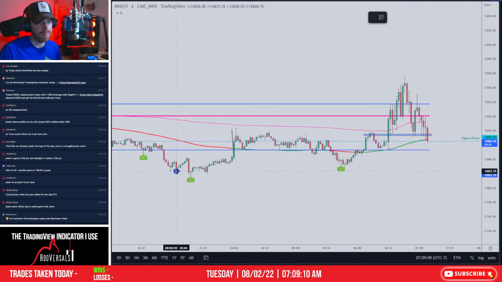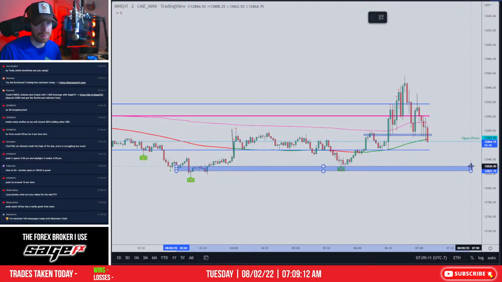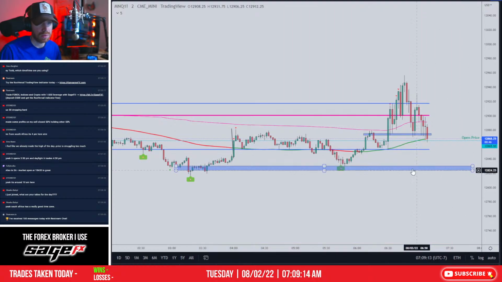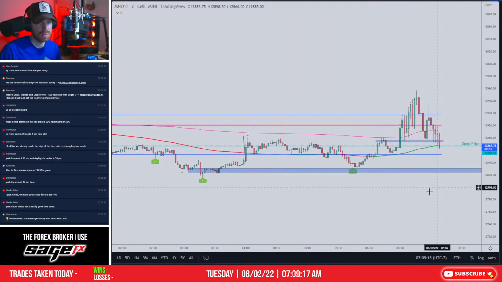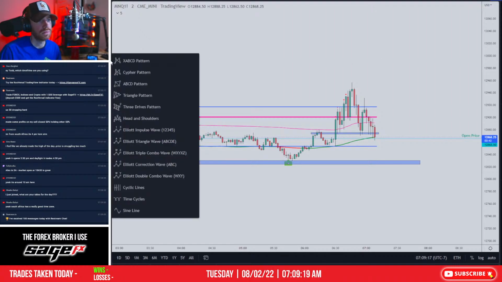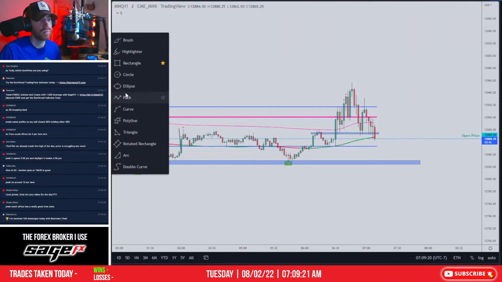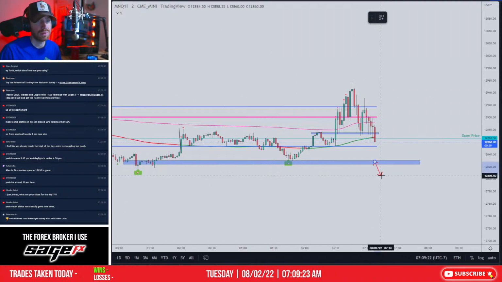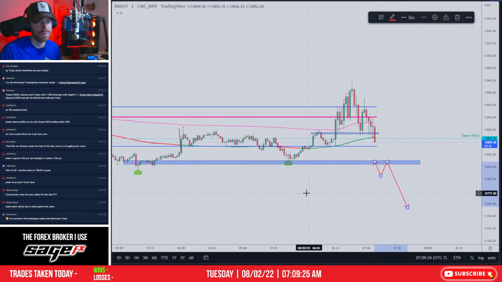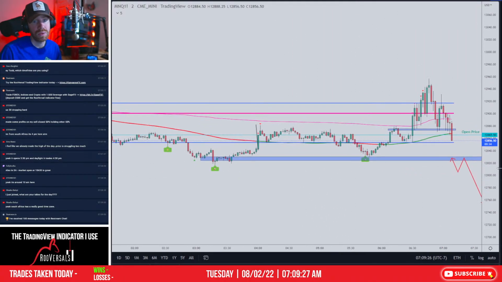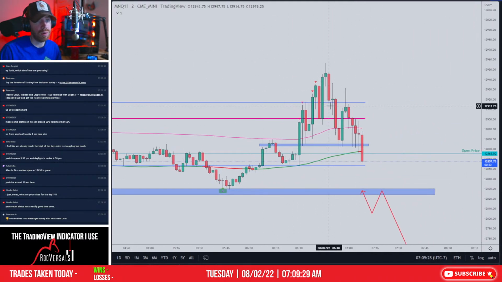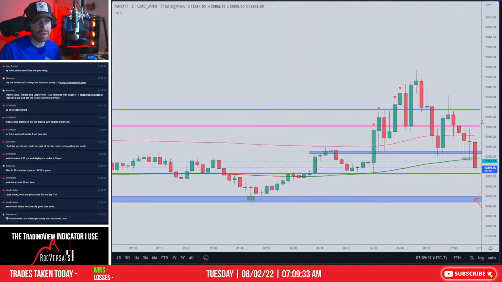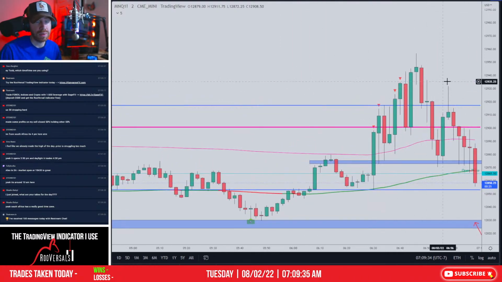Like maybe here we got to break this. Could wait for something like this, but this kangaroo up here would have been the best entry. The only issue with that candle is there wasn't much room to the left.